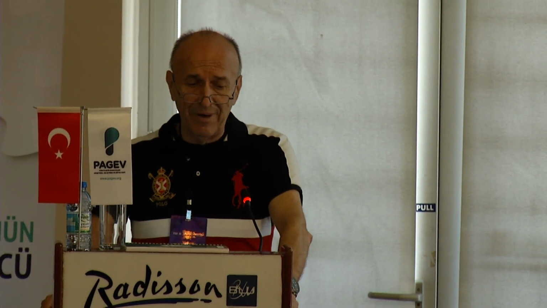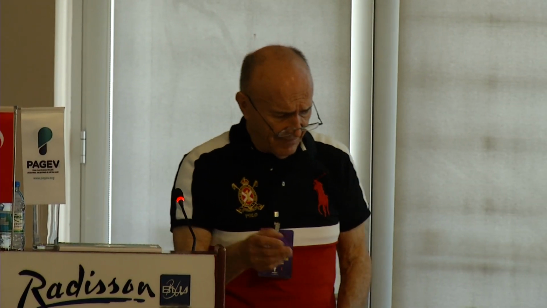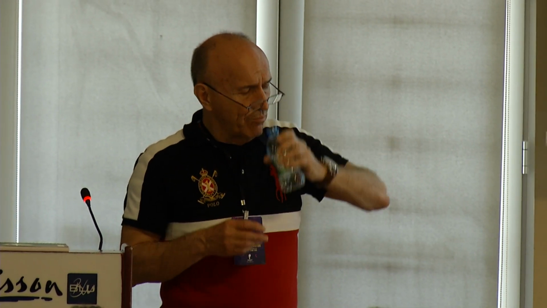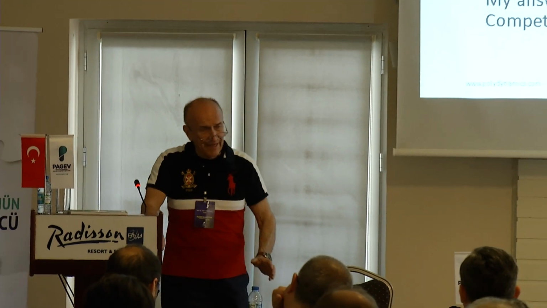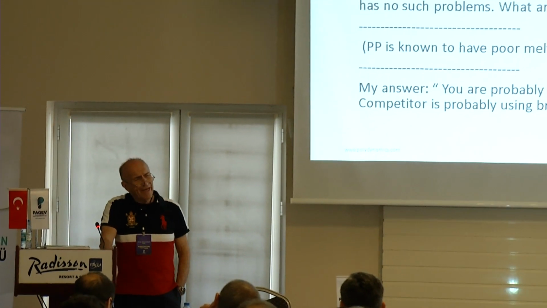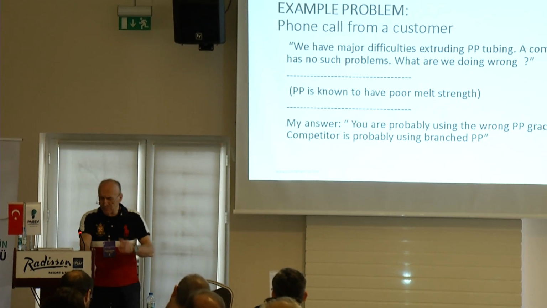Well, I had another problem now in pipe production. I got a call from a customer. I knew them. I had done some work for them. And they called me. They say, we have trouble producing polypropylene pipe, small diameter.